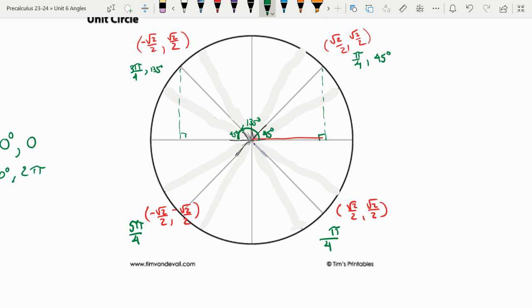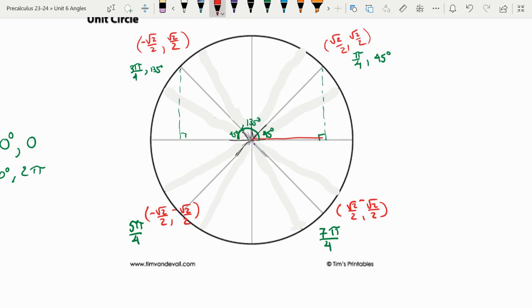How many pi over 4? 7 pi over 4. My ordered pair is root 2 over 2 comma root 2 over 2. Which one's negative? The y value is negative. The ordered pair is the same in all 4 quadrants. It's just where is x and y positive or negative? And I'm just counting by pi over 4.